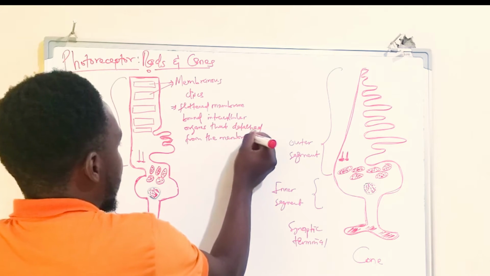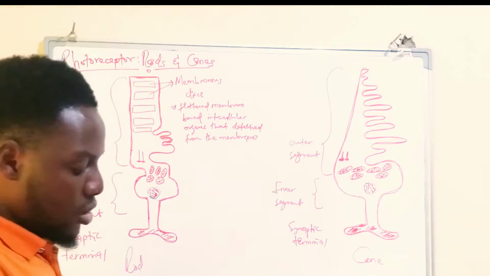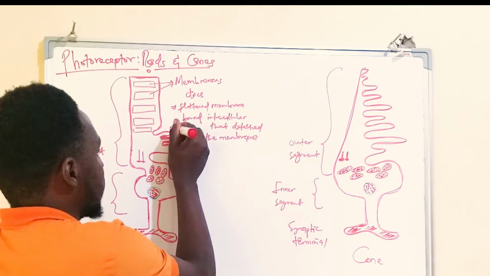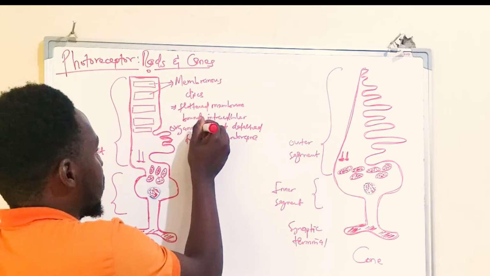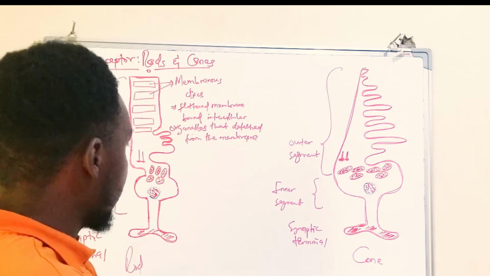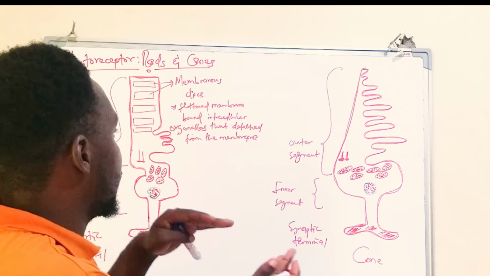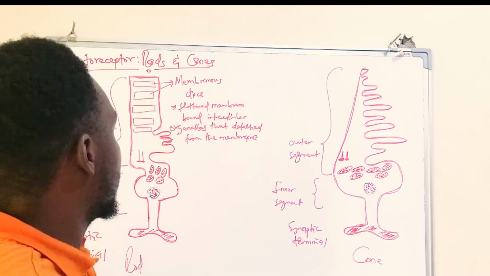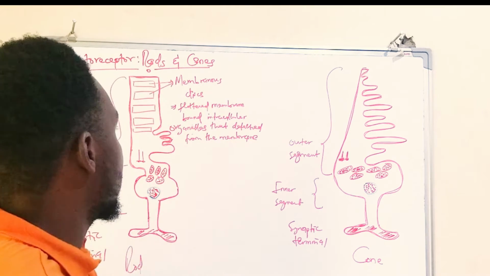They are just free floating. They are membrane-bound and free-floating organelles that detach from this membrane. That's what membranous discs are.